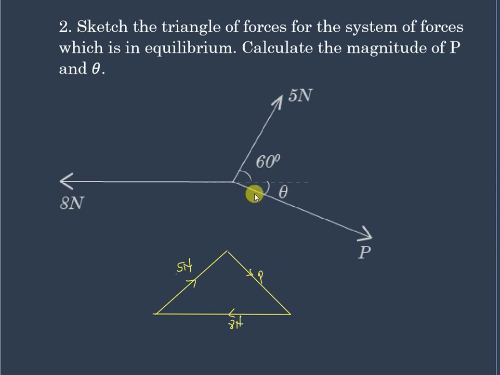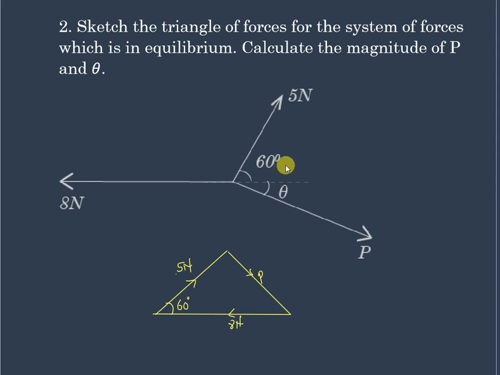Now, what is angle theta? Where is 60? The 5 Newton force is making an angle of 60 with the horizontal. That is not the angle between 5 and 8, but the angle which the 5 Newton force is making with the horizontal.